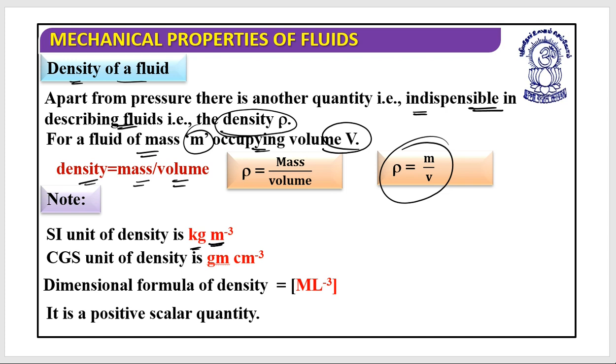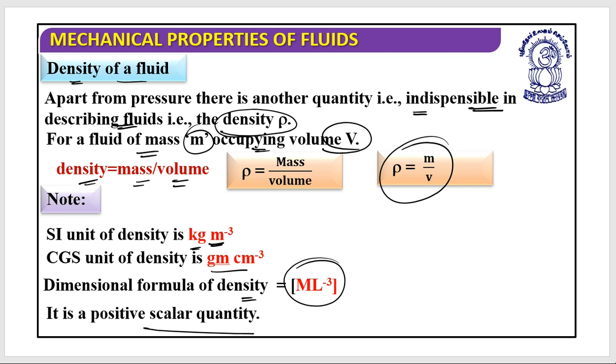The SI unit of density is kg per meter cube, and the CGS unit is gram per centimeter cube. The dimensional formula of density is M^1 L^-3. It is a positive scalar quantity, meaning it can have only positive values and not negative ones. I hope this is clear.